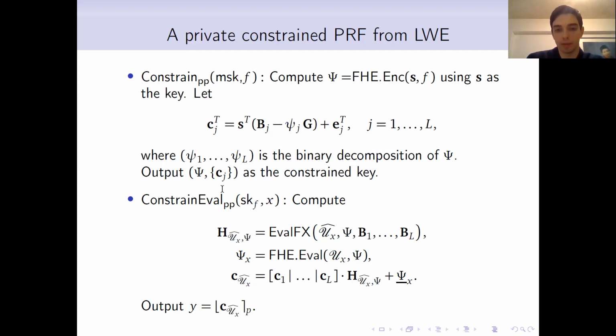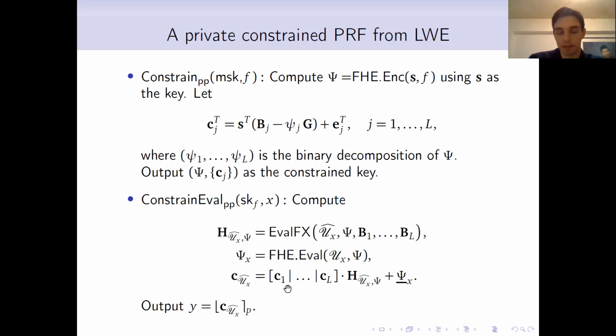And our constraint key is psi and the vectors c_j. Finally, the constrained evaluation algorithm computes this matrix H of U and psi, which is Eval_FX of this circuit on input psi over these matrices. Then we compute again psi_x, which is the homomorphic evaluation of U_x on psi.